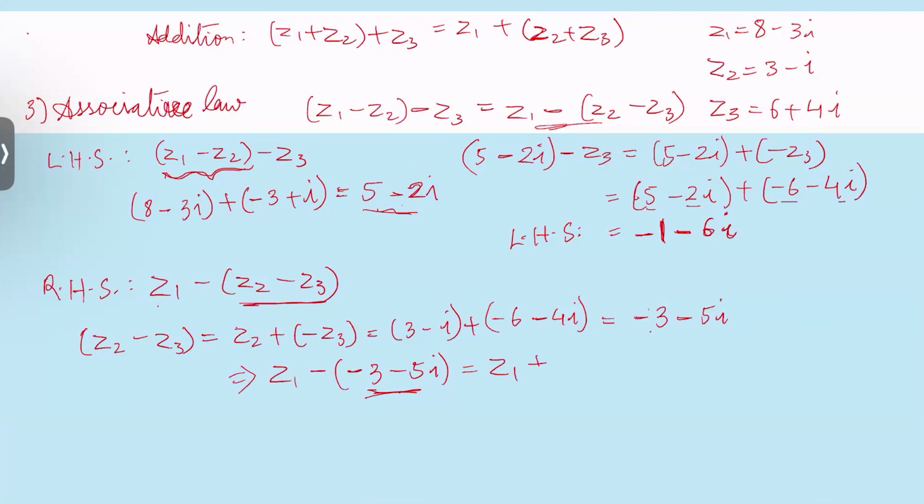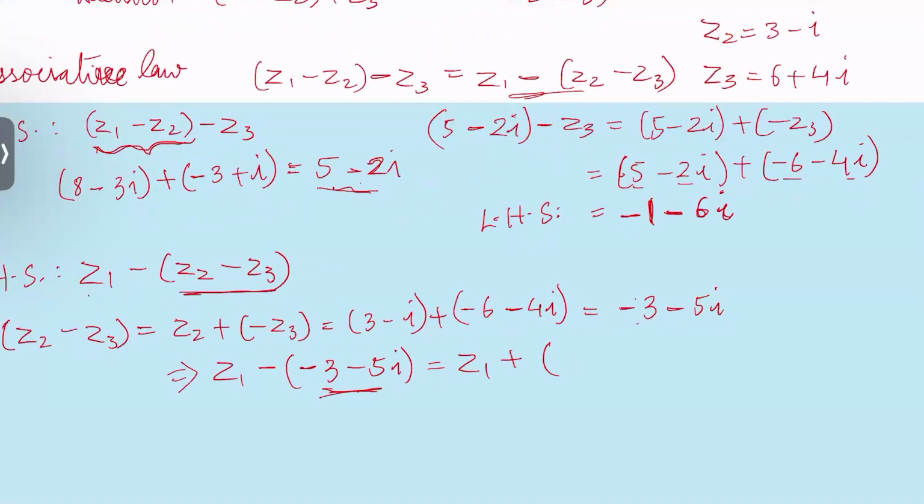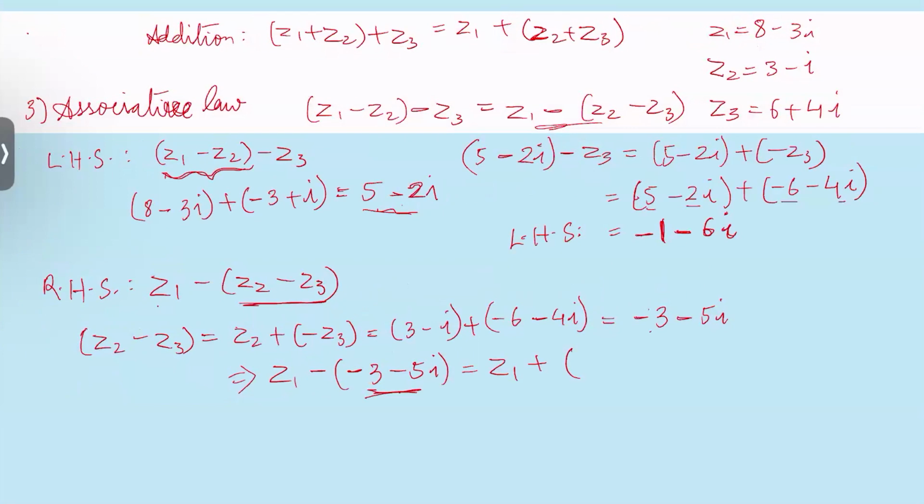So Z1 plus, you change the signs for the complex number in the brackets, 3 plus 5i. Z1 was 8 minus 3i, plus 3 plus 5i. So 8 plus 3 is 11, and this you get as plus 2i. So this is your RHS.